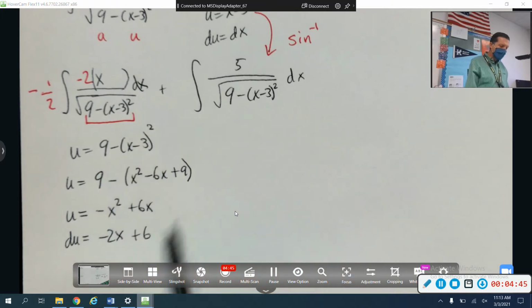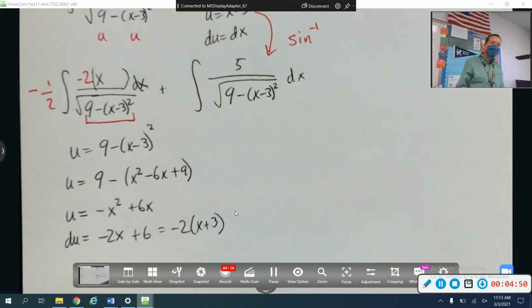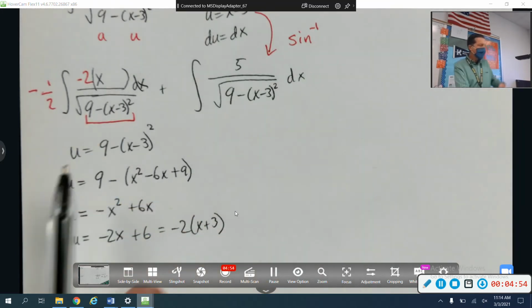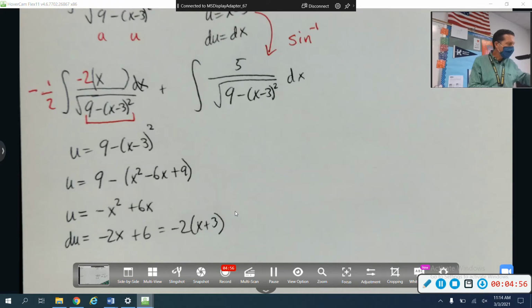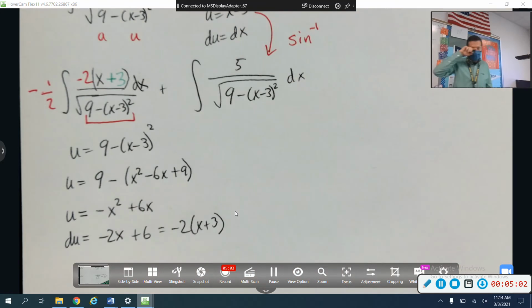So I really want this to be negative 2 times x plus 3. So I'm going to use, let's see, I want this to be plus 3, right? But that's illegal to just stick a plus 3 in there.